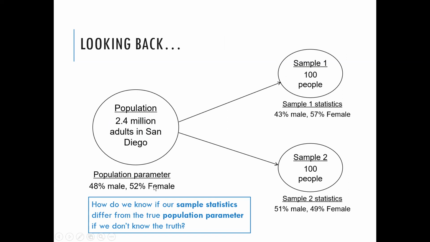In this case, although we know the truth, often we don't know the truth. And so we're relying on probability, the expected probability or likelihood of a specific observation. So what's the likelihood that we'll have the probability of being male is 48%. In truth, we're wanting to estimate that with our sample, and that's where that inferential leap is. How do we do that if we don't know the truth? And that's what we'll start to talk about in the second half of lecture 2.